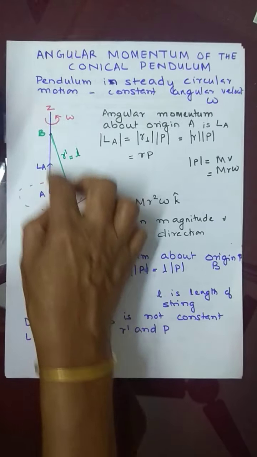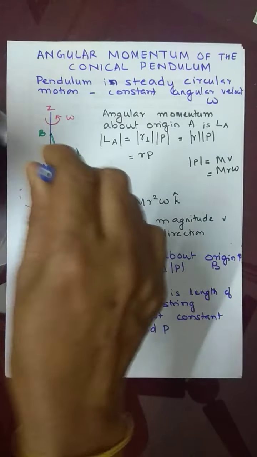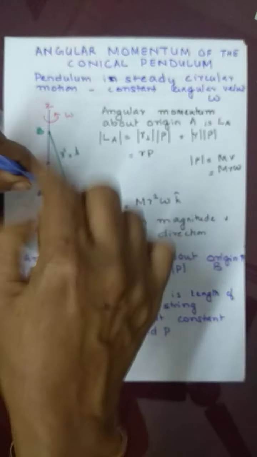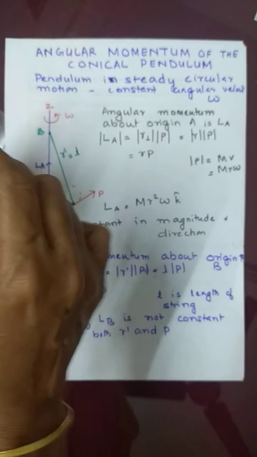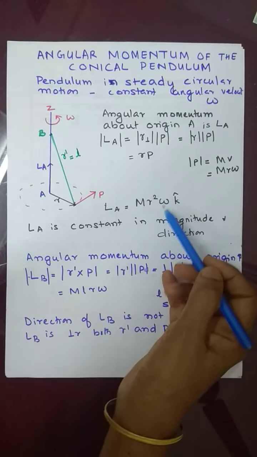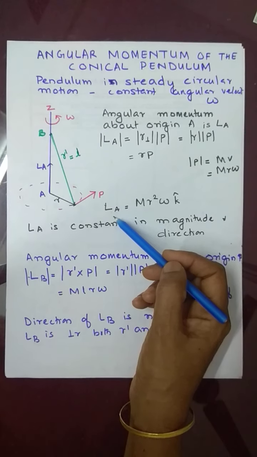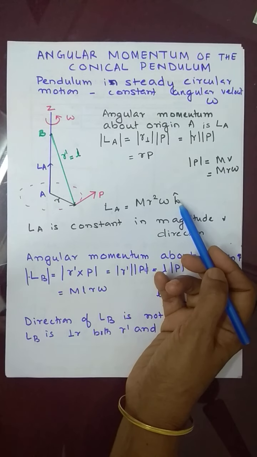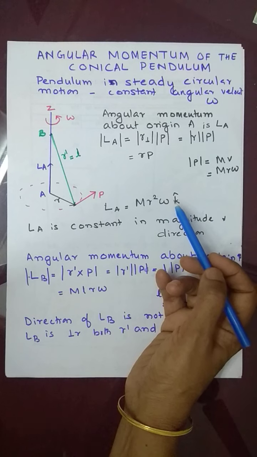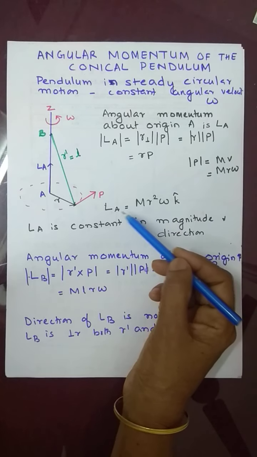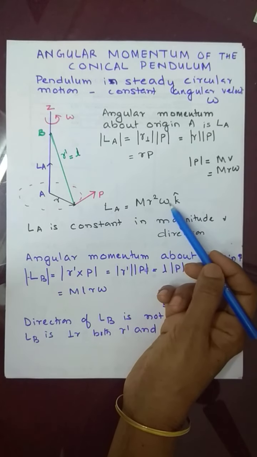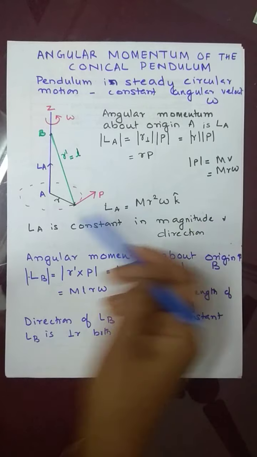This is the z-axis I have drawn in the two-dimensional plane. If you look at the pendulum like this, it is along this line. So along the positive z direction is the direction of the angular momentum A. You can represent it by the unit vector k cap. So LA is equal to m r square omega k cap.